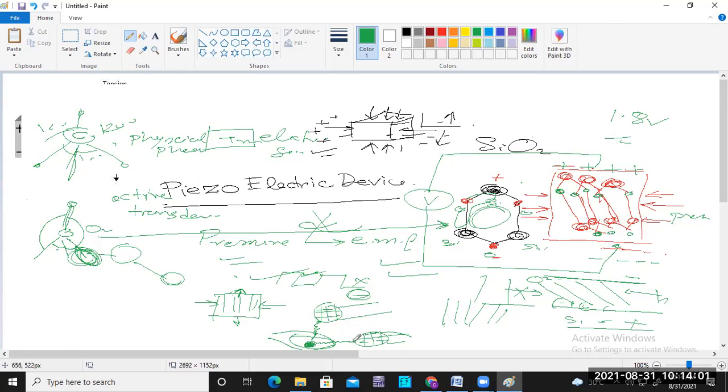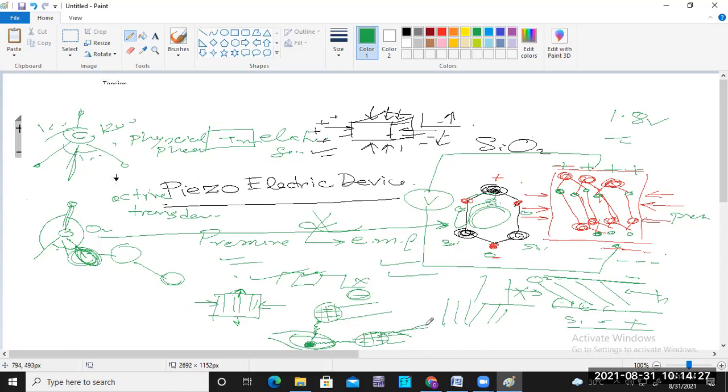Because this ultrasound is a force, and this force acts over the piezoelectric crystal, then the piezoelectric crystal produces this type of EMF, positive or negative, some voltage. This voltage is at most 1.8 volt, and this voltage will be detected.